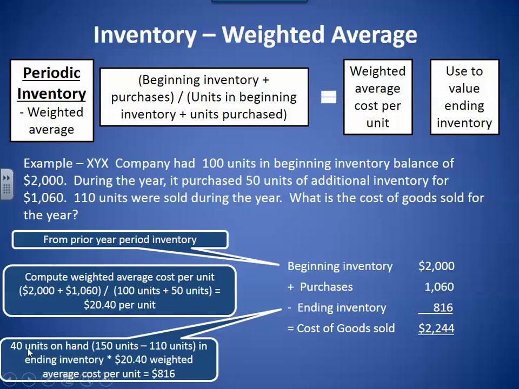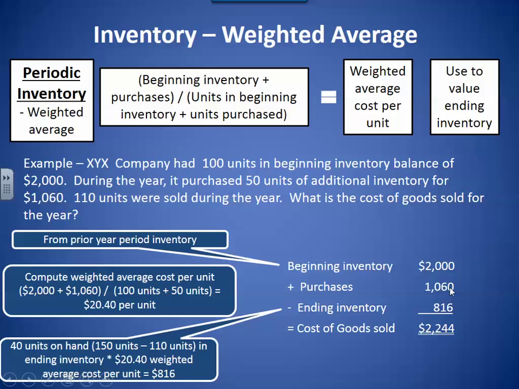So if we take the 40 units on hand in ending inventory and we multiply them times the $20.40 weighted average per unit, it comes out to $816. So now our inventory value is equal to $816. So now we have our beginning inventory of $2,000 plus our purchases of $1,060.